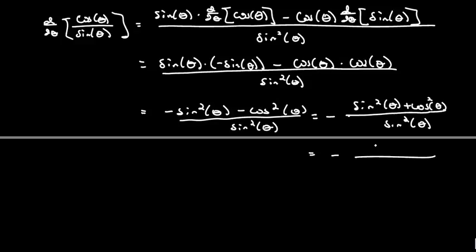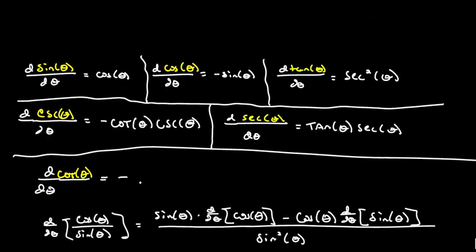So sine squared plus cosine squared is 1, so this is 1 over sine squared theta, and that's equal to negative cosecant squared theta, just like that. Now you've got all 6 derivatives of the trigonometric functions. So we've got sine, cosine, tangent, cosecant, secant, and cotangent.